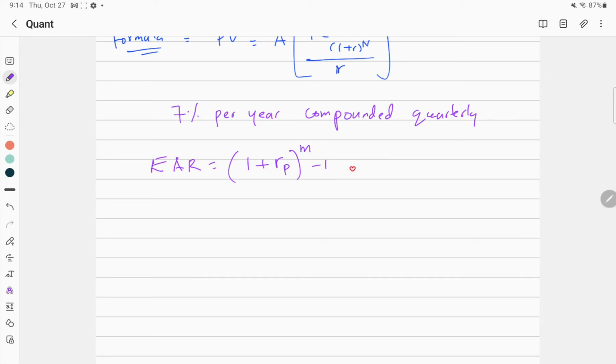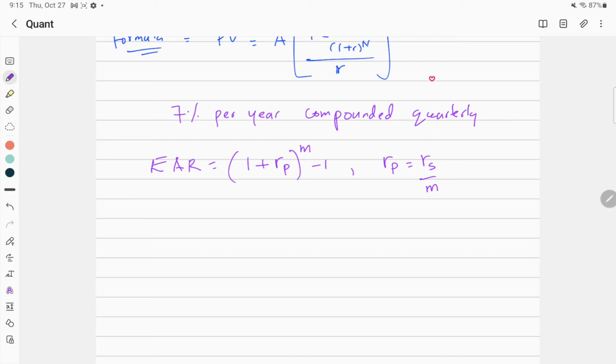Now, RP is simply the periodic interest rate, which is the stated interest rate divided by the number of times the money in the account is compounded per annum, right?